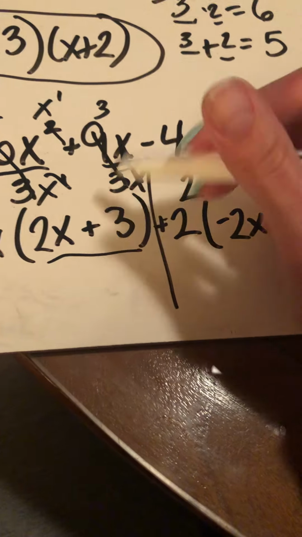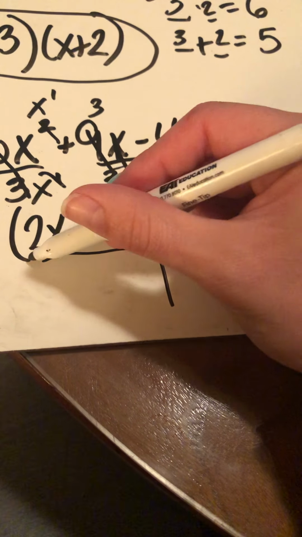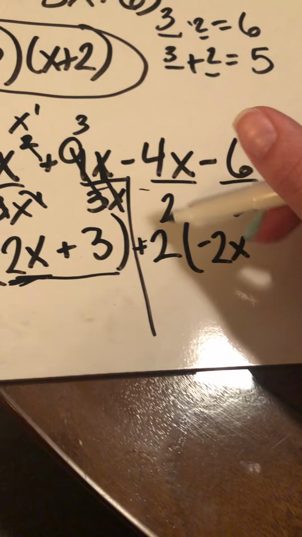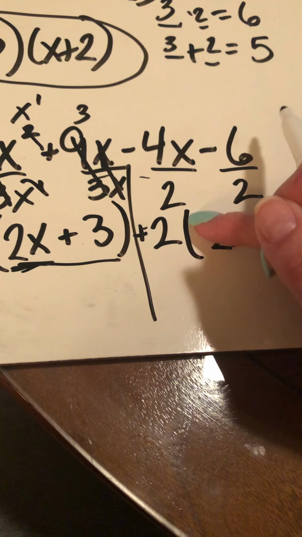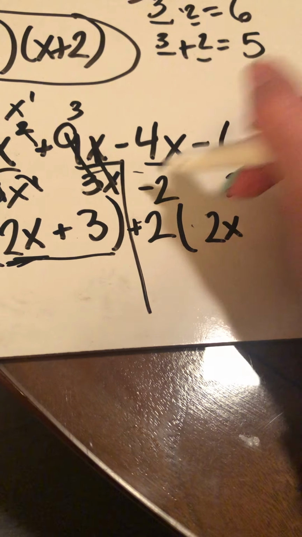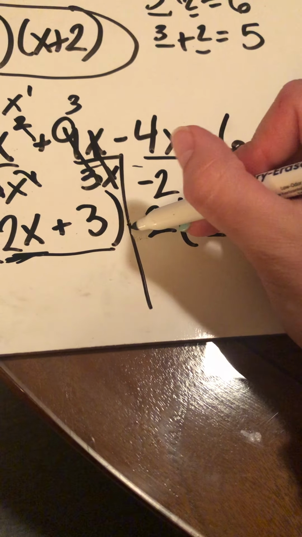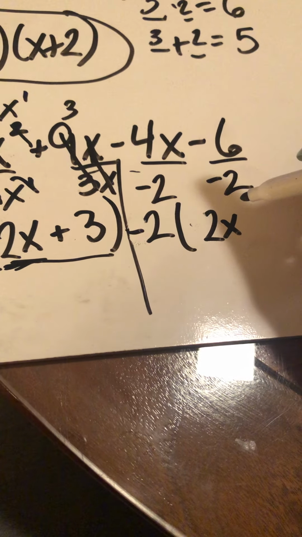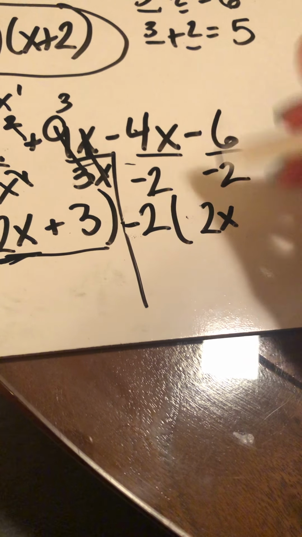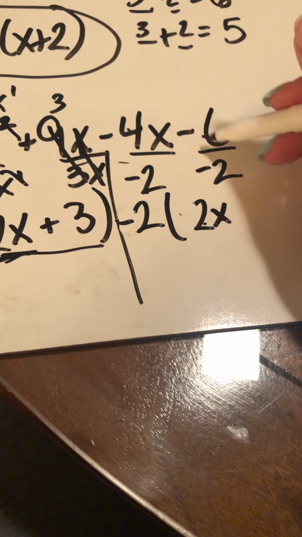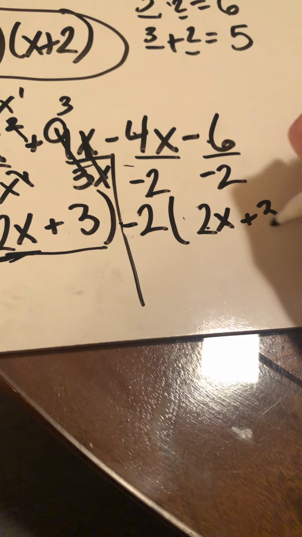I don't want a negative 2x. I want a positive 2x. I want what's over here. So in order for it to get me a positive, I'm going to pull out a negative here instead. So this is going to be a negative 2 that we're taking out, because a negative divided by negative is going to be a positive 2x. Negative 6 divided by negative 2 is a plus 3.